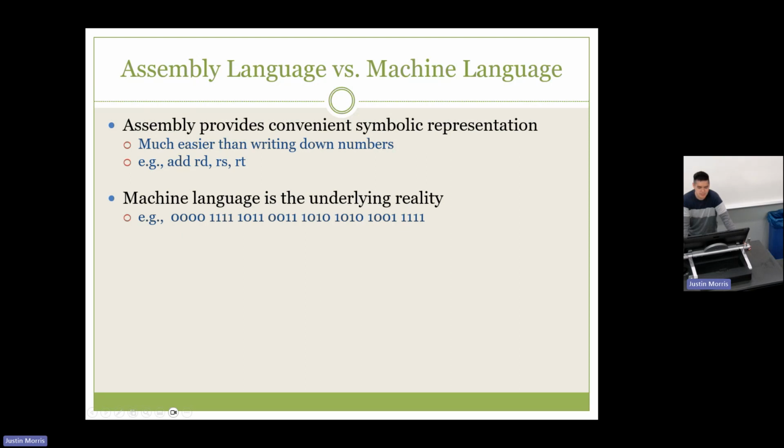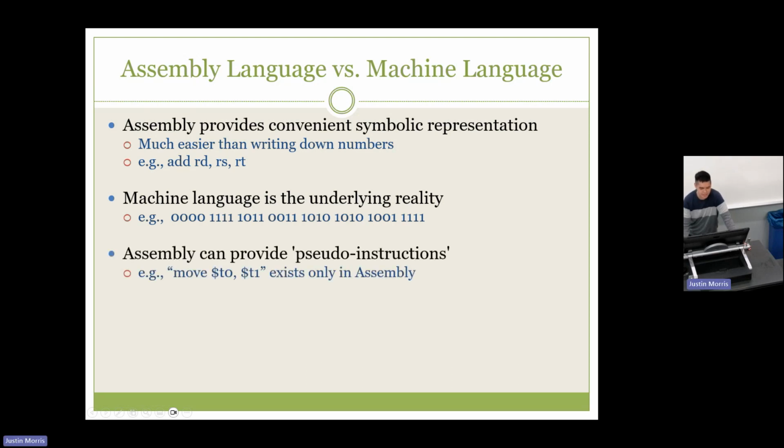And it would be much easier if it was in the high-level programming language, right? But assembly is still much easier than looking at machine code, right? So rather than looking at something like this, we can look at add RD RS RT, where these are substituted with register numbers.